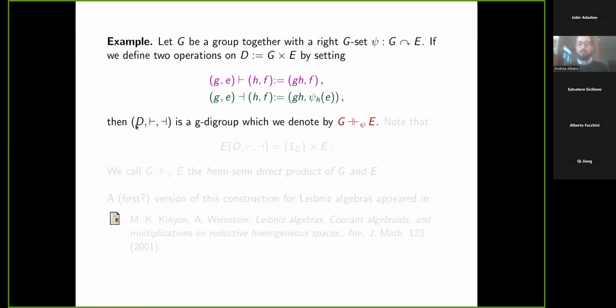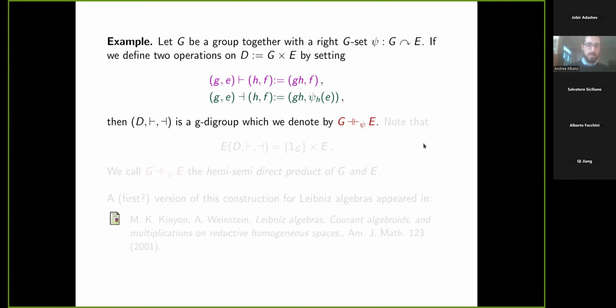If we define two operations, as you can see on screen, then the structure, the triple D with left bar and right bar, which I will call the operations, will become a generalized digroup under the definition before, which from an external point of view we will denote in this way, stressing the role of the map.